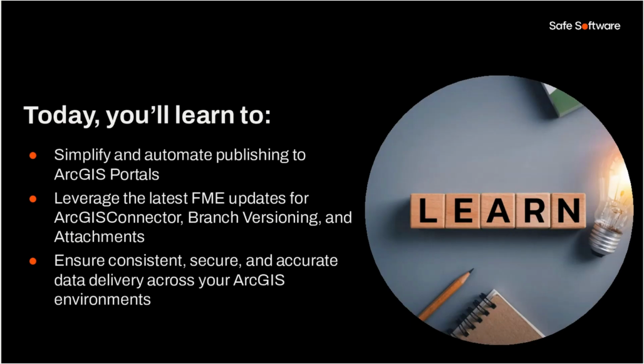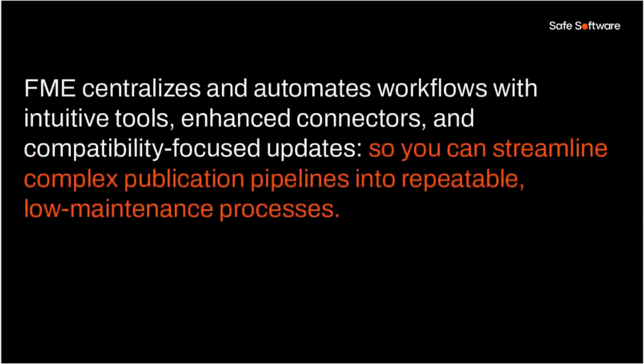This could be using branch versioning or attachments or metadata, getting that all automatically synchronized between your various portals or from any outside source to your portals. So this will allow you to ensure you have consistent, secure, and accurate data across your ArcGIS environments.